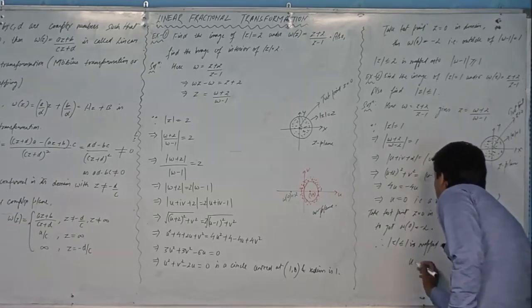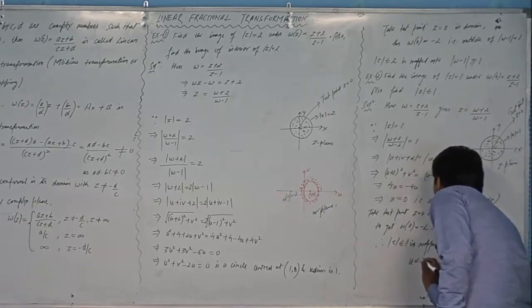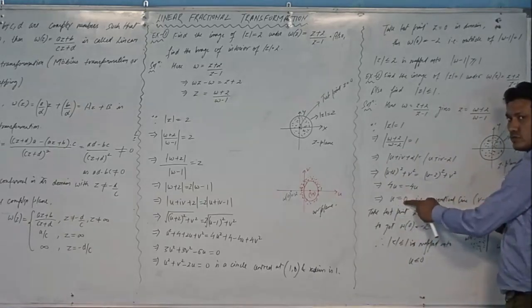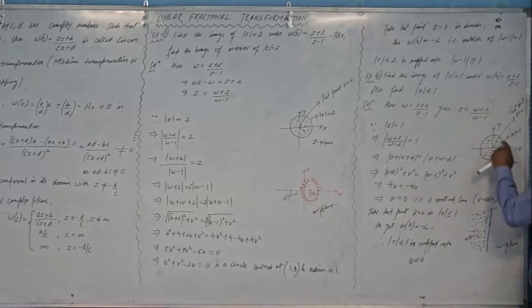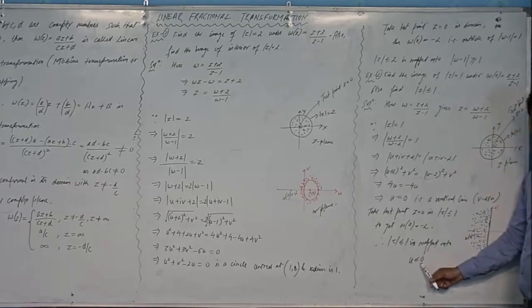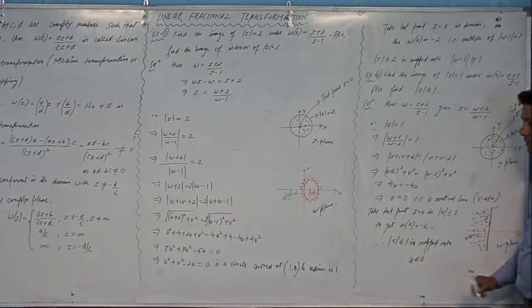U is lesser than or equal to 0, because you have to keep this u equal to 0. U is equal to 0 when mod z equal to 1, right? And for mod z less than 1, u less than 0.